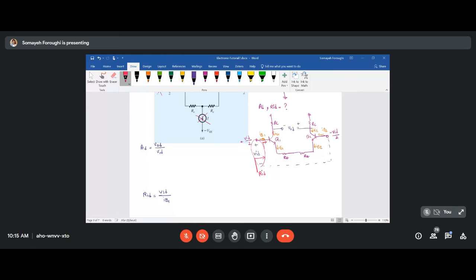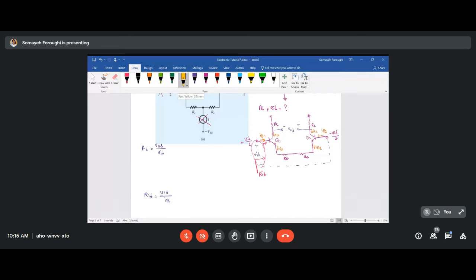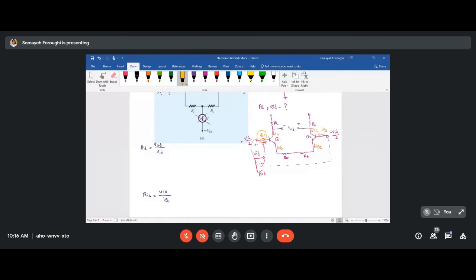Guys, you know that if this is all like a differential amplifier, and IB is the total input current, then it will come out from the other side of this loop.